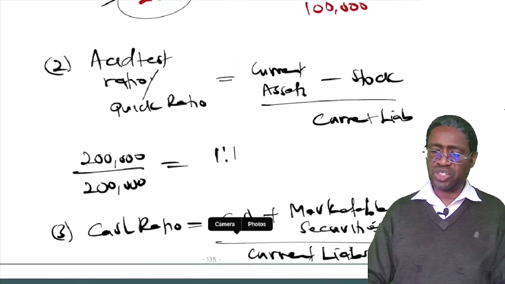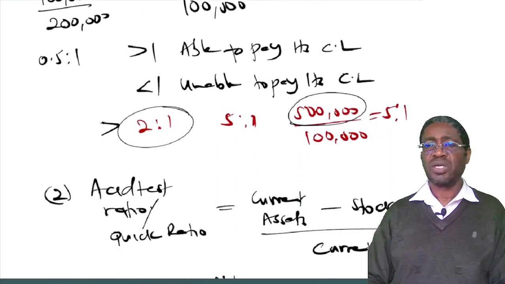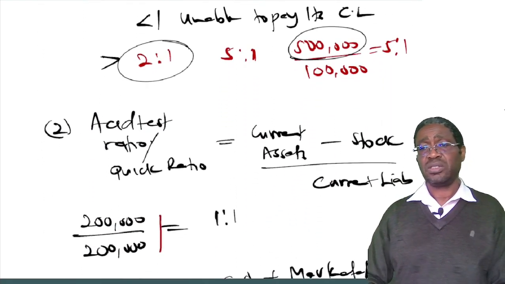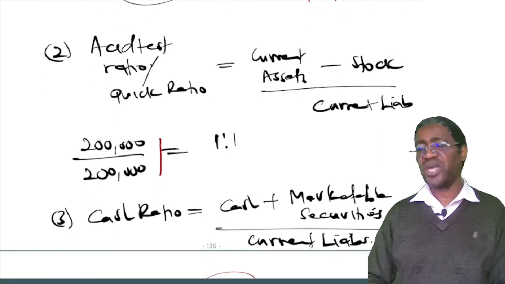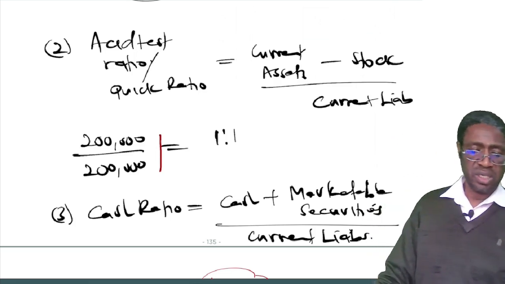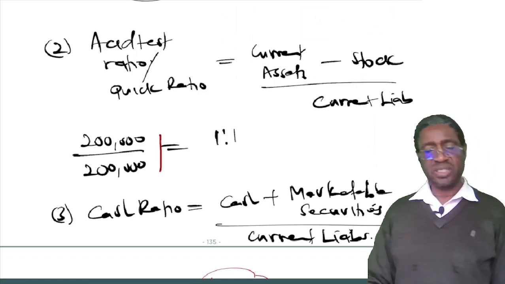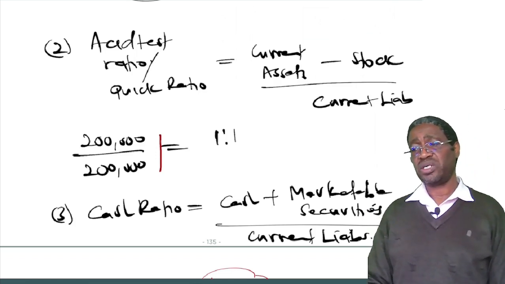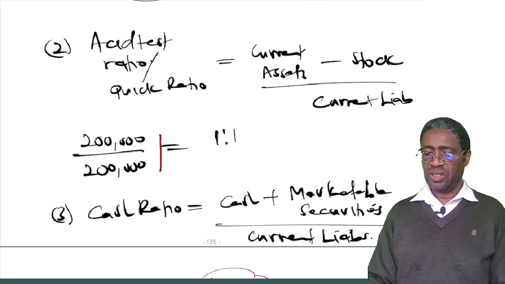Another type of ratio under liquidity. Write number 2, acid test ratio. We also call it quick ratio. You can copy the formula.